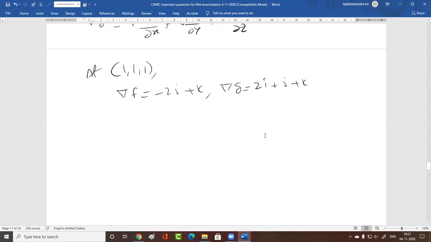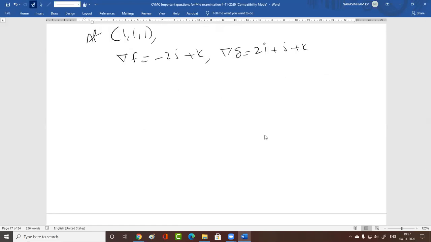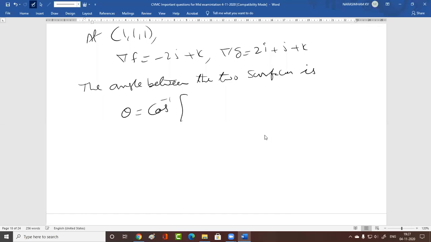Now the angle. The angle between the two surfaces is theta equals cos inverse of del f dot del g divided by mod del f times mod del g.